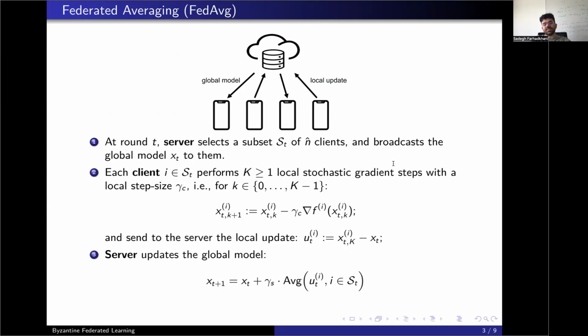So the server only selects a small number of clients in the system and broadcasts the current global model to them. After that, each selected client performs K local gradient steps, computes an update vector, and sends this update vector U_t^i to the server. And then the server computes the average of these update vectors, updates the global model, and moves to the next round, t+1.